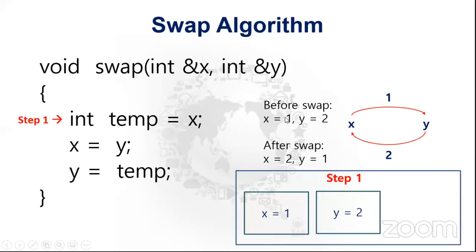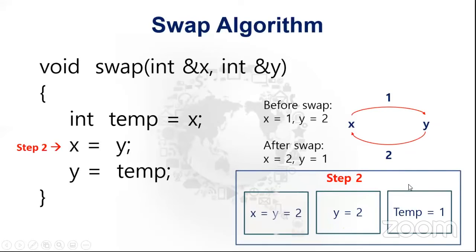Initially before the swap, x has the value 1, y has the value 2. But temp initially has nothing yet. In step 1, you assign the value from the variable x to the variable temp, so temp will now be equal to x, which is equal to 1. In step 2, you assign the value from the variable y to the variable x.